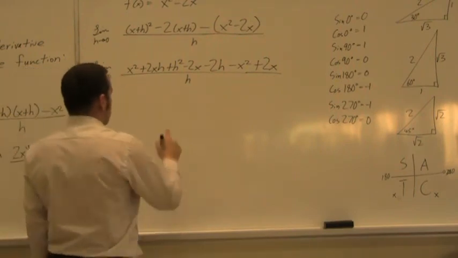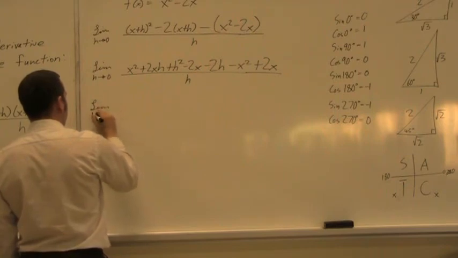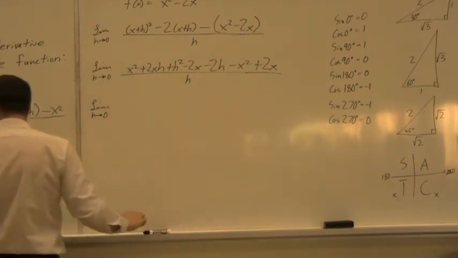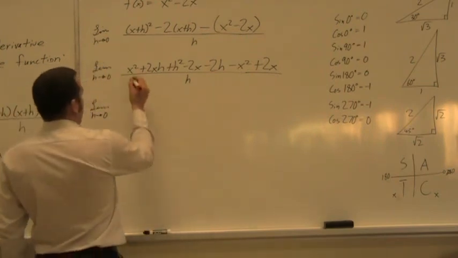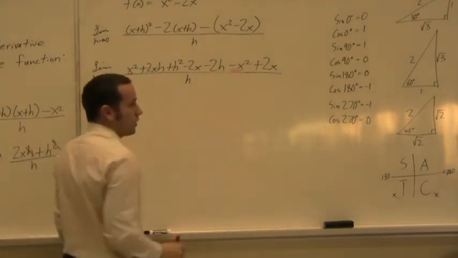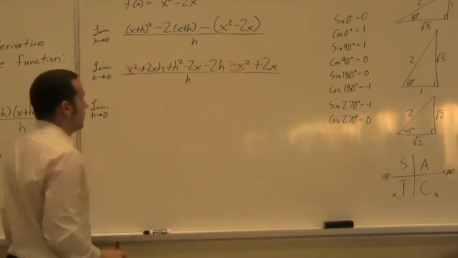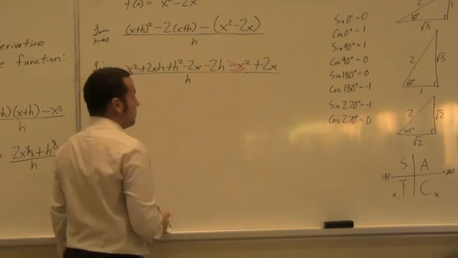So now we're going to have to do some simplifying in the numerator, once again. We're going to find anything that I can combine in the numerator. Well, I've got a positive x squared right here, and a subtract x squared right here. So these are going to cancel out to 0. I've got a negative 2x here and a positive 2x here.